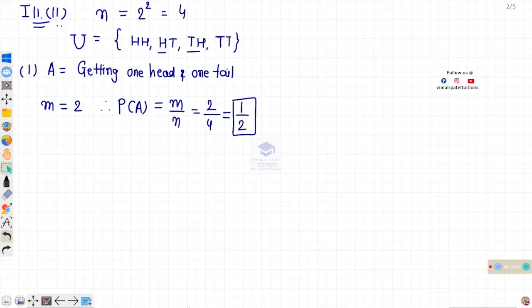Then getting at least one head. At least means one or more than one.